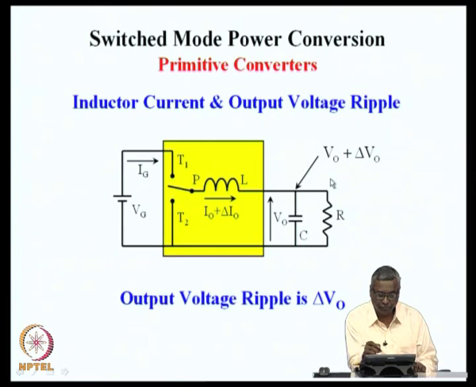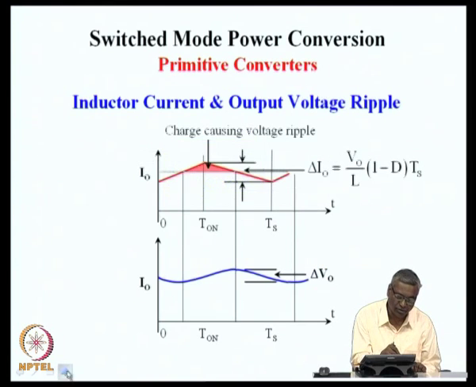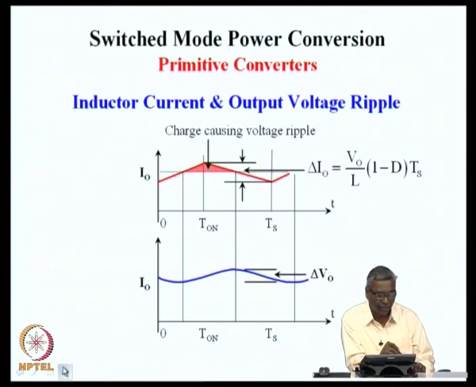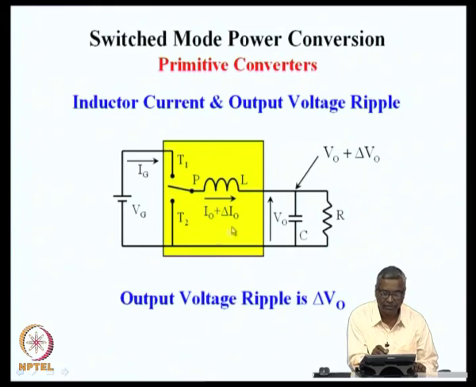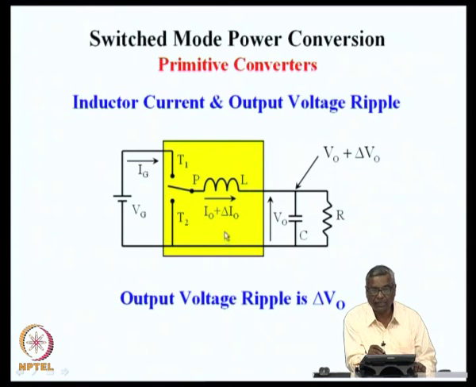So, what we want to now evaluate is the output voltage ripple delta V naught, and if possible, what are the measures to make it as small as possible. We see from the previous one that I naught plus delta I naught is the current coming out of the converter, and out of that, delta I naught is a ripple current or the high frequency current, and I naught is the DC current.